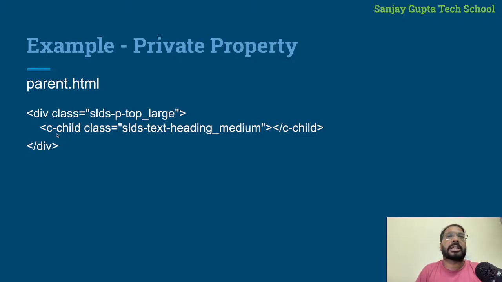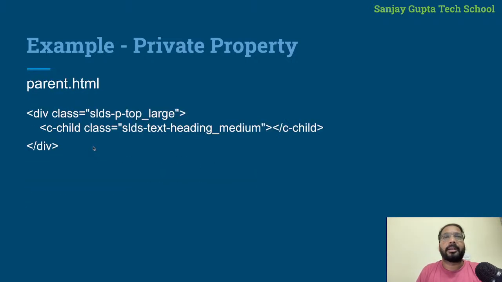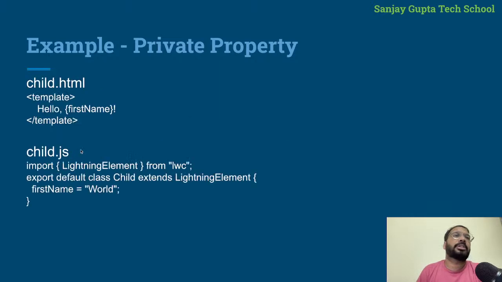This way we are using the child component here. So now what will happen if you create these two separate components, one child and one parent? On UI you will be placing only the parent component, and with the help of this parent component, the child component will render automatically, right? And here we are using this firstName as a private property.